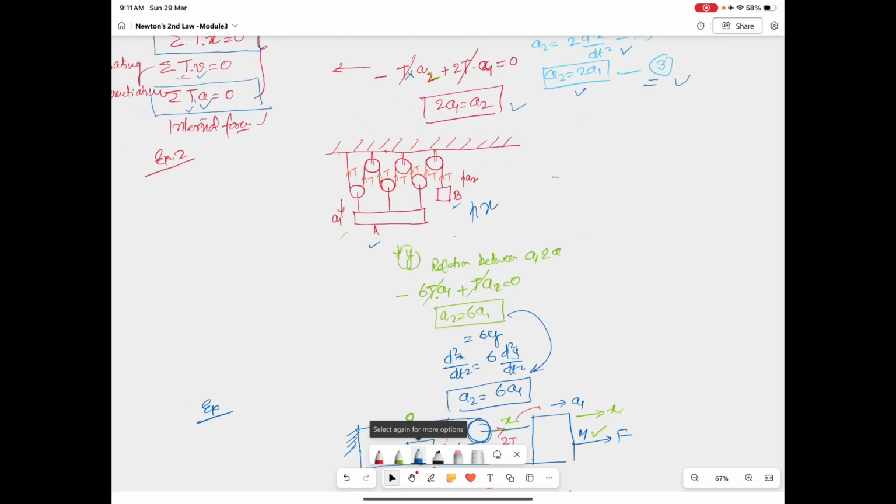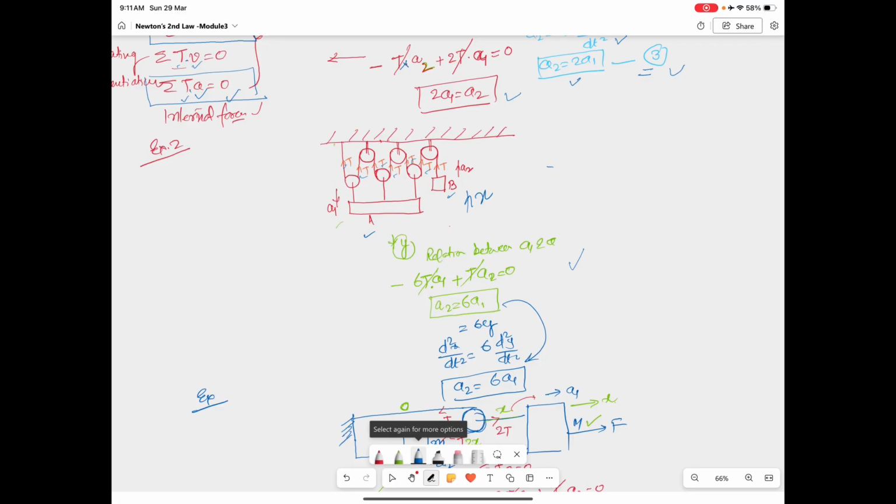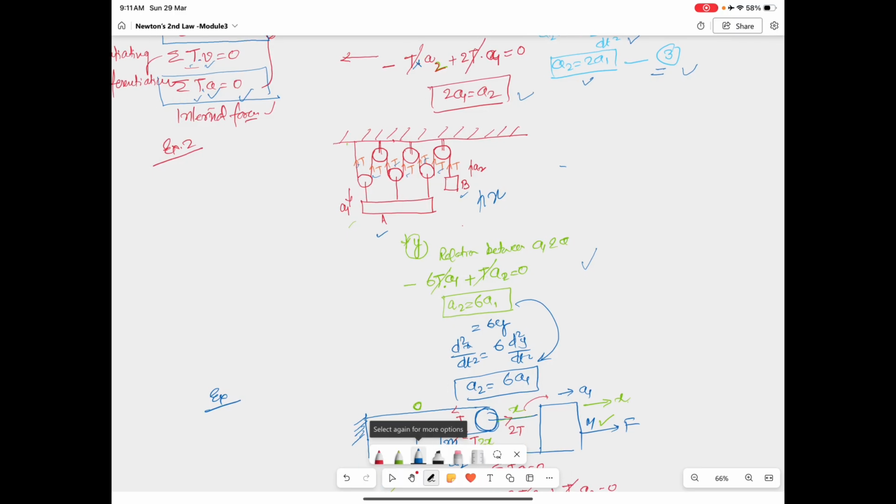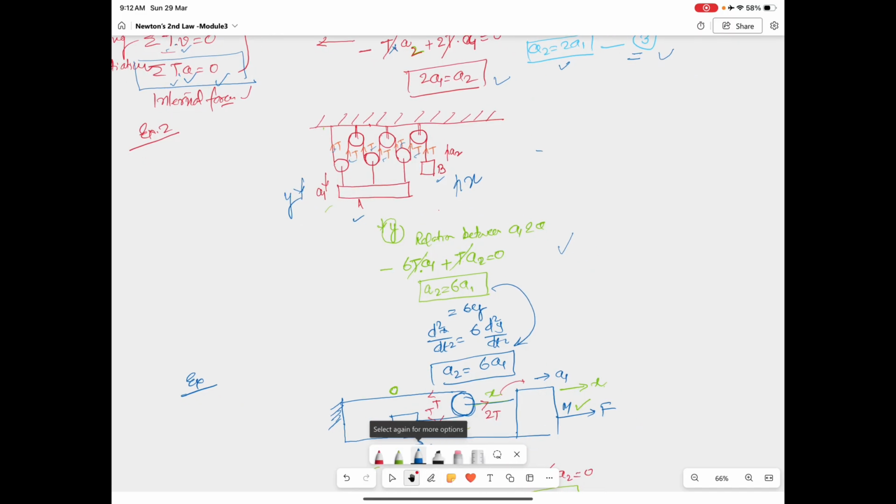First, if sigma T·a is equal to 0, from this relation there are 6T, 1, 2, 3, 4, 5 and 6. There are 6T which are acting in the upward direction, and the displacement of mass A is happening in the downward direction and the acceleration is downward.